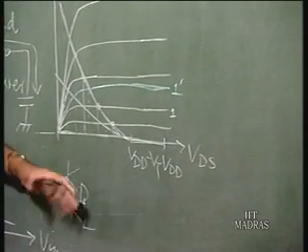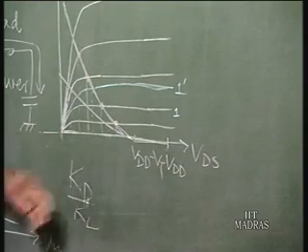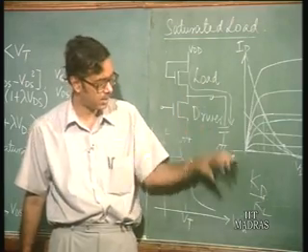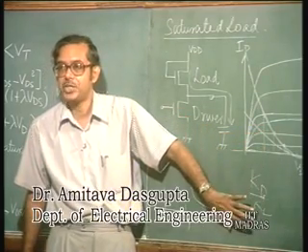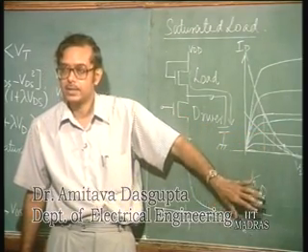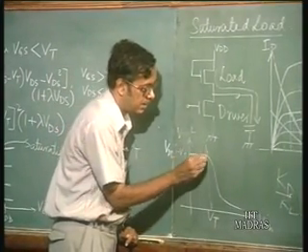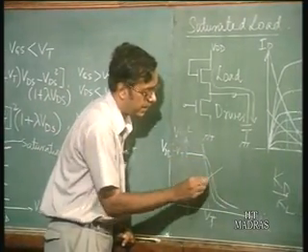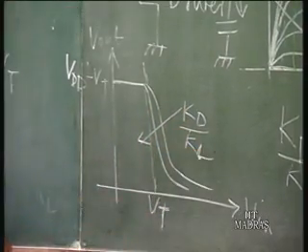We shall come to how it depends on that. We shall discuss that for other logic circuits, but basically it is understood that if you increase the Kd by KL ratio, the gain goes up.